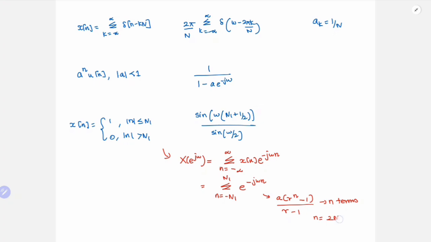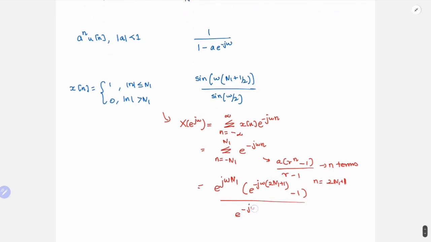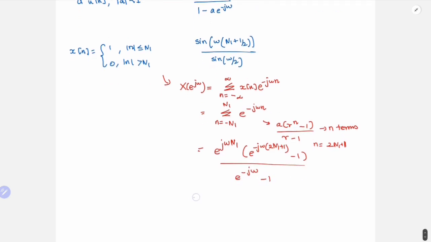N is equal to 2N1 + 1, because 0 also you have to include. From 1 to N1 there are N1 terms, from minus 1 to minus N1 there are N1 terms, plus the 0 one. So you will have 2N1 + 1. And your a is nothing but e^(jωN1), right? You have to substitute minus N1. So e^(jωN1) into (e^(−jω(2N1+1)) − 1) divided by your r, which is nothing but e^(−jω) − 1. So to convert this into sine form, I'll just take half of the term outside.